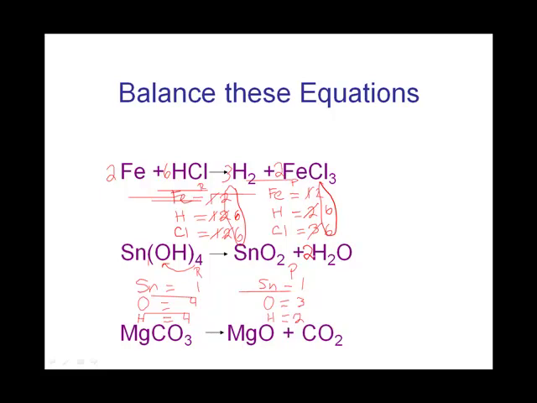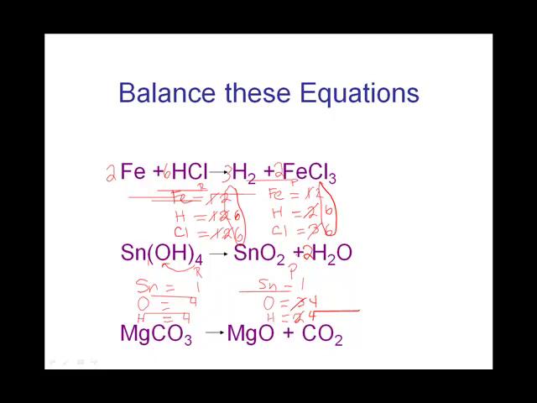Okay, now let's recount our atom inventory. Well, we have still 1 Sn. We now have 2 plus another 2, which is 4 oxygens. And now we have another 4 hydrogens. Now we're balanced.